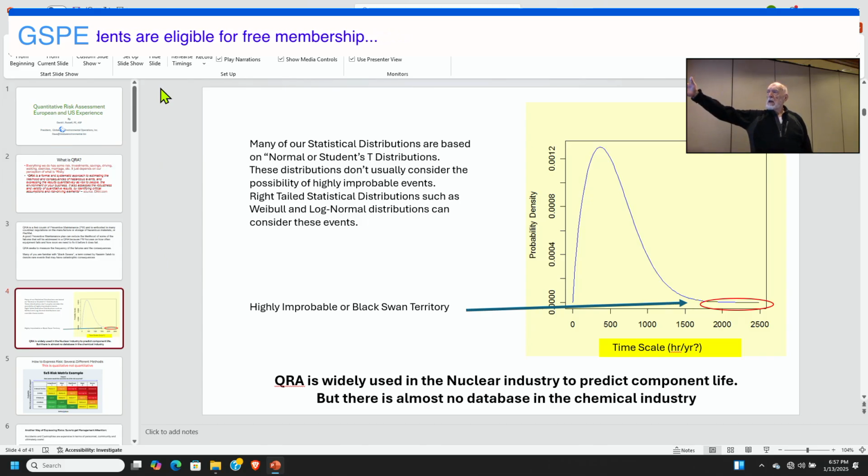Nature is much more familiar with a highly improbable black swan event. Tornadoes. Would you call a fire in LA a black swan event? It could be, yeah. Under the right definitions, yes. Definitely.